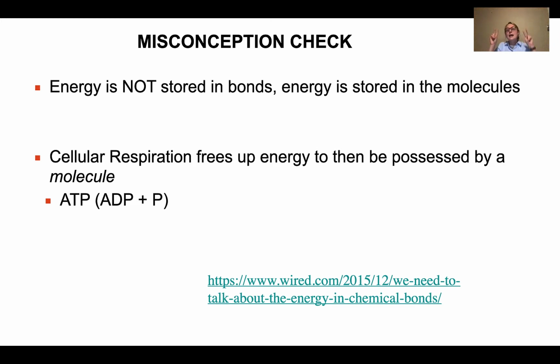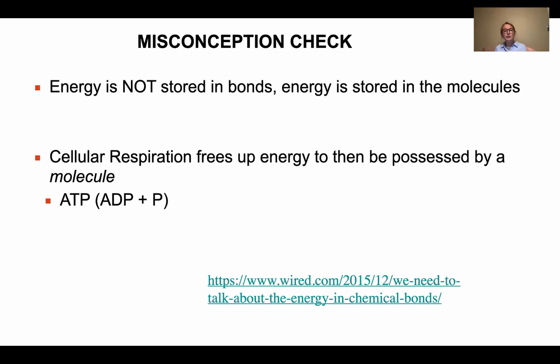Whenever you hear energy stored in bonds, it's really shorthand for the potential energy that can be released when new bonds are formed and those original bonds break, okay? So in cellular respiration, when we're taking in glucose and breaking glucose apart into smaller molecules, what that is doing is freeing up energy to then be possessed by a molecule.